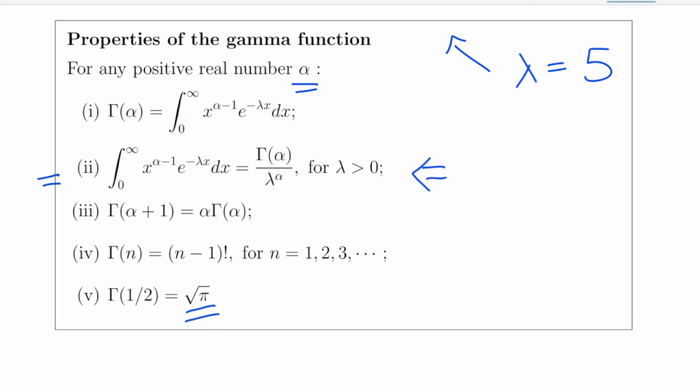Recall that we have to calculate the gamma function of 7 over 2, so the third and the fifth properties are the ones we're using in particular.